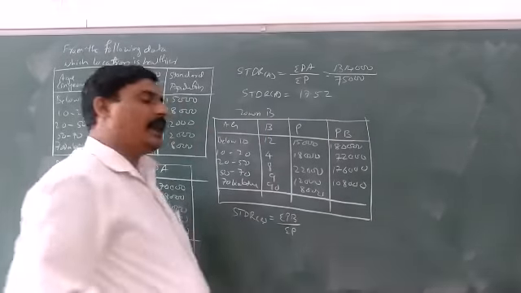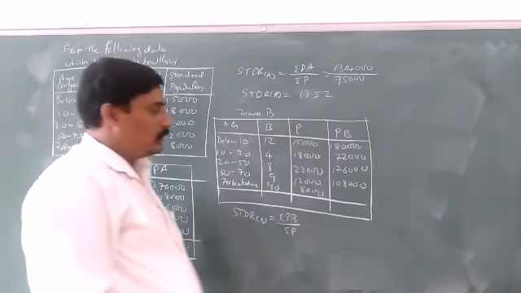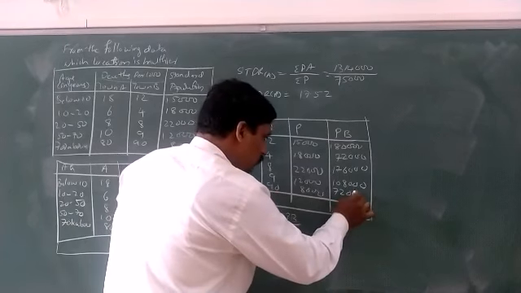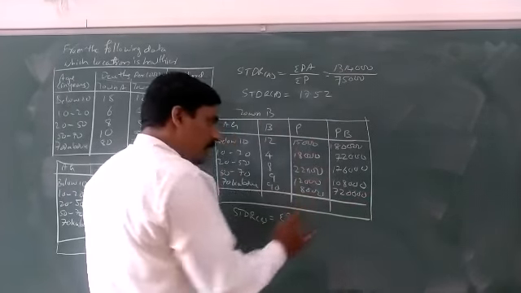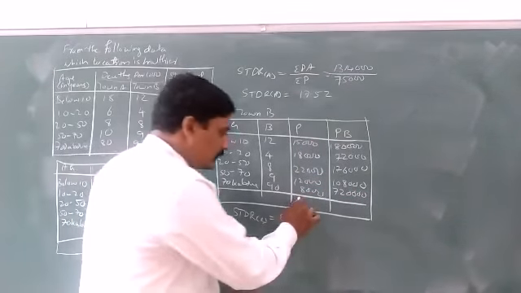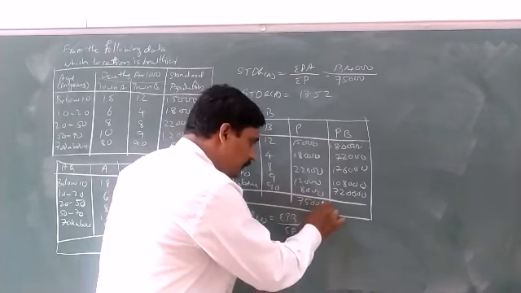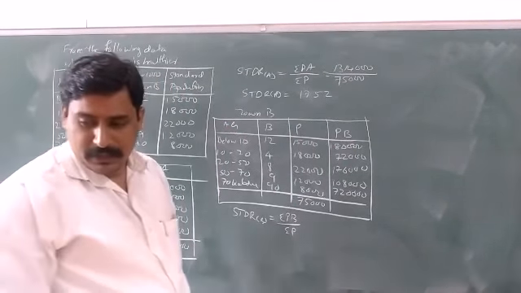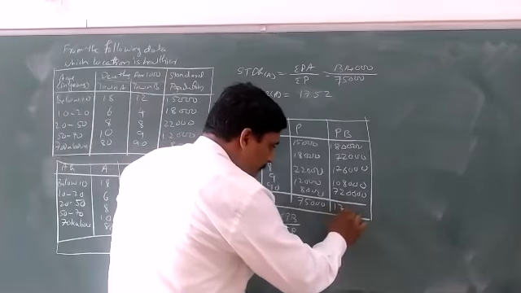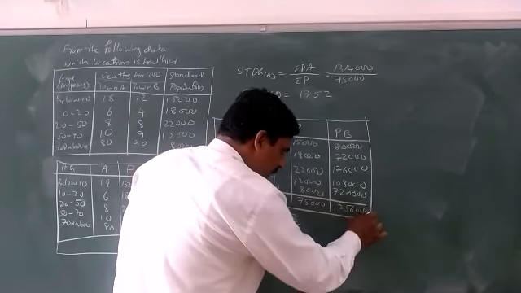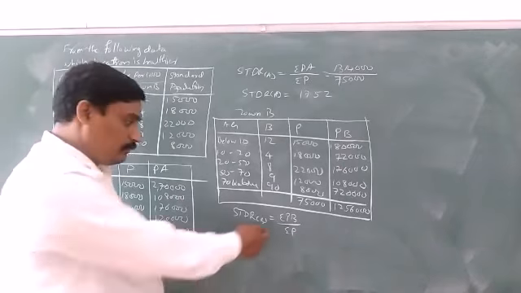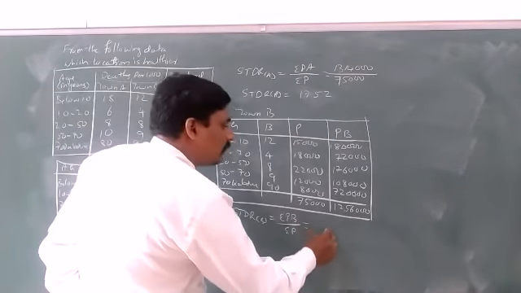And last 90 into 8,000 is 7,20,000. So we already calculated the total of the P column, that is 75,000, and the total of the PB column is 12,56,000.